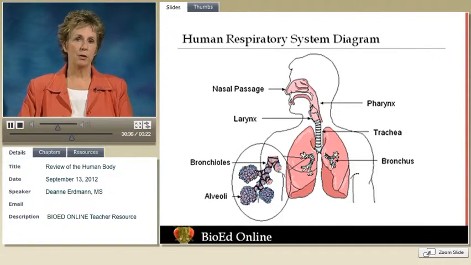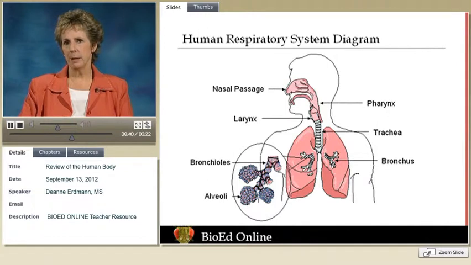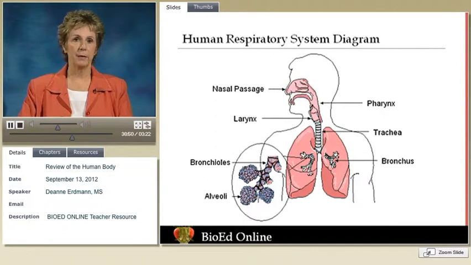It might interest you to know that it's really not the lack of oxygen, but the buildup of carbon dioxide in your body that causes you to inhale again. So the body monitors in the brain the levels of carbon dioxide, and that's what actually triggers the breathing mechanism.